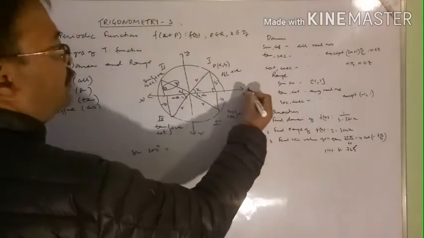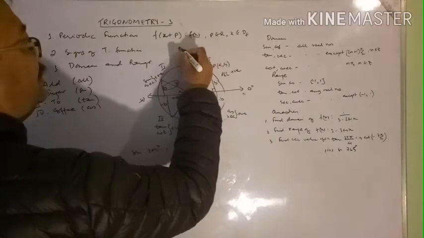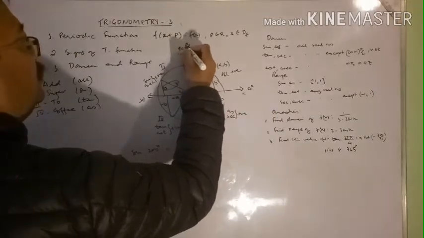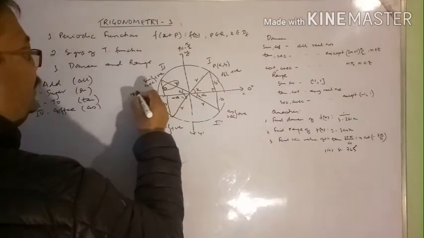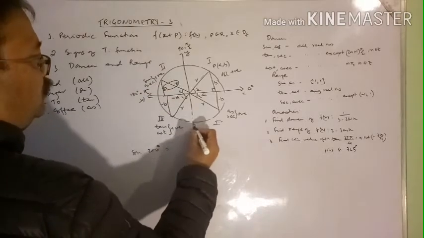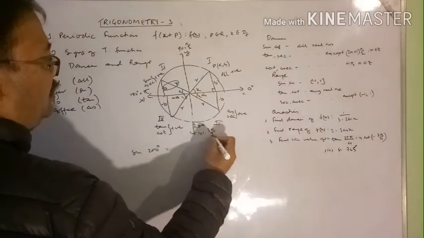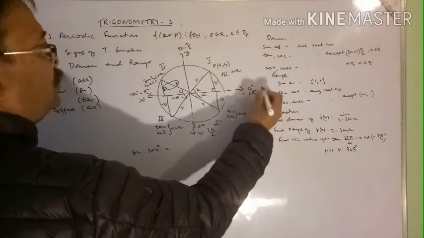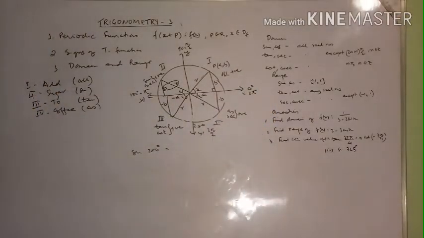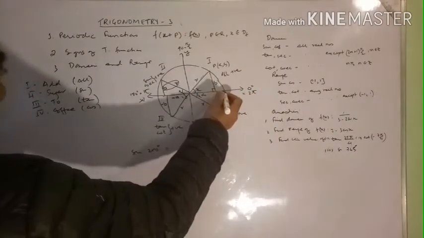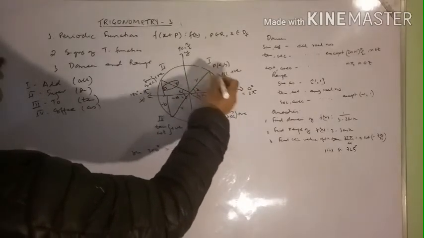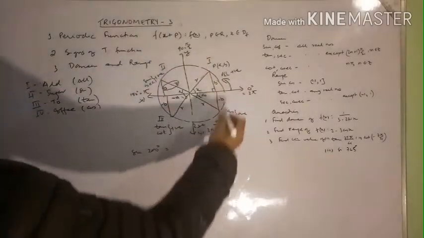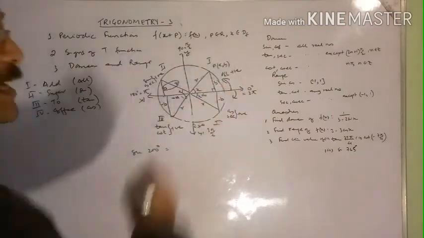So this is 0 degree, this is 90 degree, that is pi by 2. This is 180 degree, equivalent to pi. This is 270 degree, that is 3 pi by 2, and 360 degree will be 2 pi. Okay. So we are moving, rotation is in this direction. If it rotates in this direction, it will be negative.